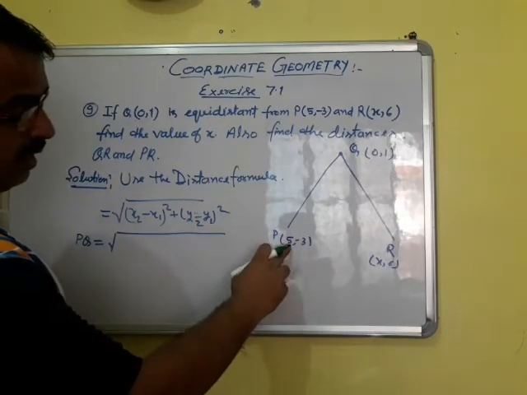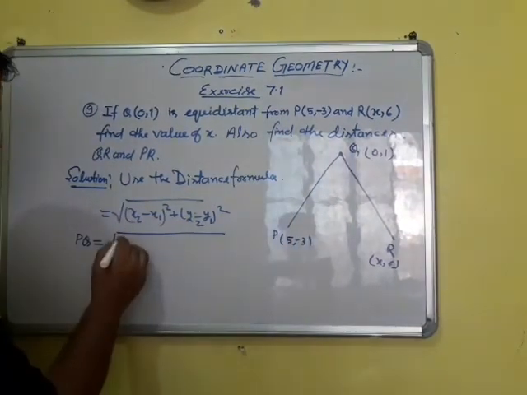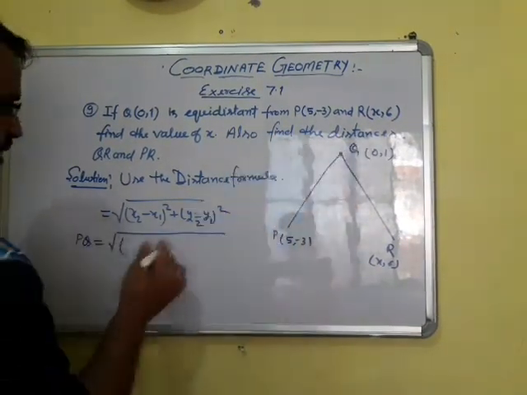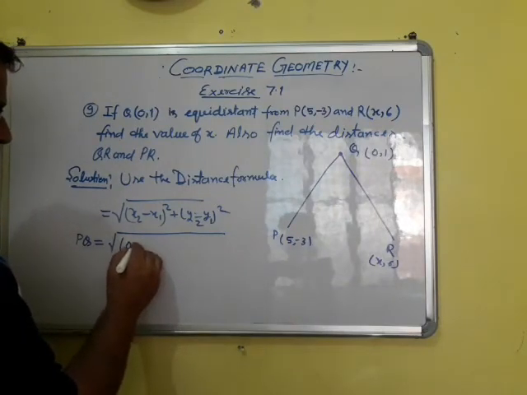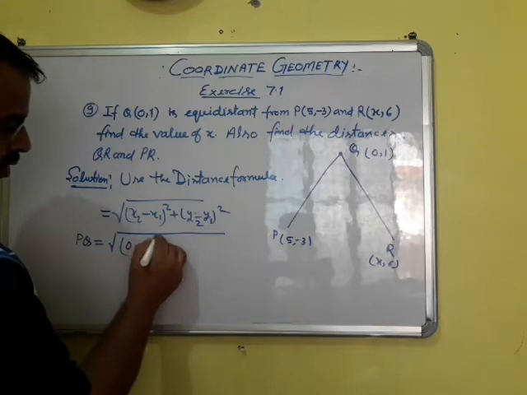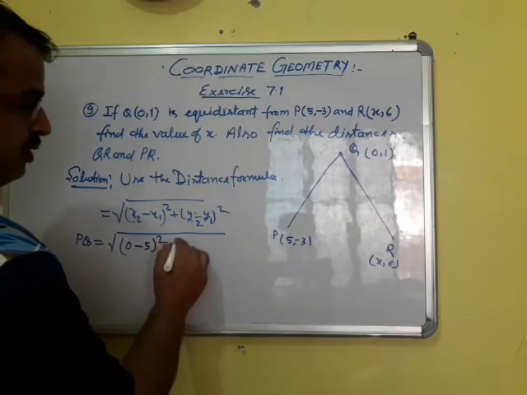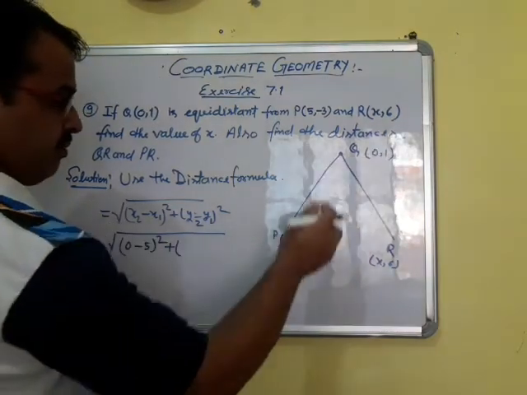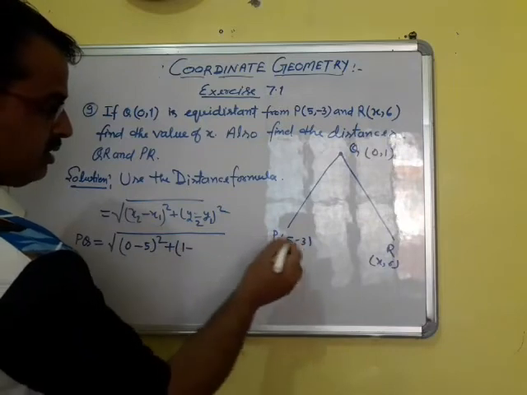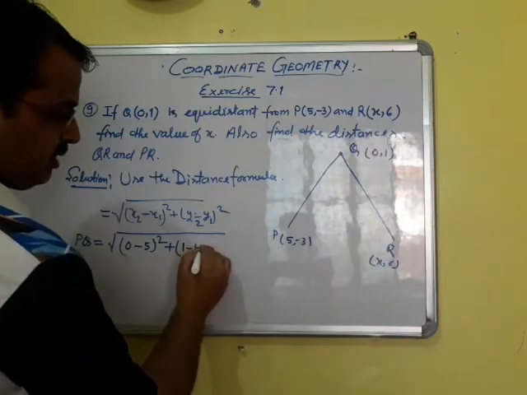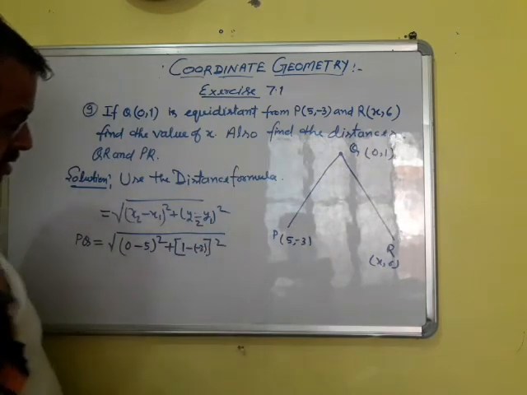PQ: taking P as (x1, y1) and Q as (x2, y2), x2 is 0 and x1 is 5, whole square, plus y2 is 1 and y1 is minus 3, whole square.